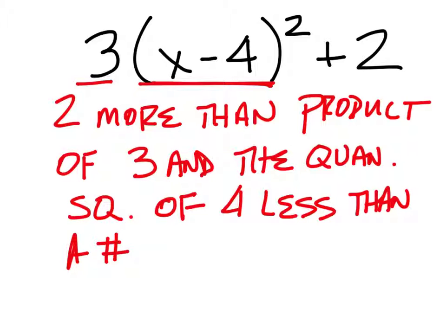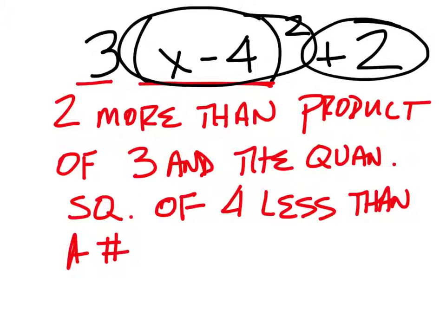You couldn't just do it with 2 more than the quantity, because then after that you're stuck. You can't go back and multiply by 3 after the fact. It's got to be 2 more than what all of this represents, since it's multiplied together. So it's got to be 2 more than a product of this 3 and the quantity squared of 4 less than a number.